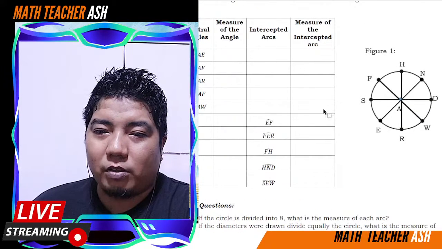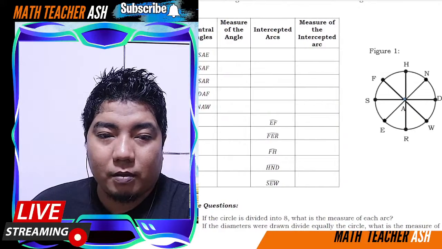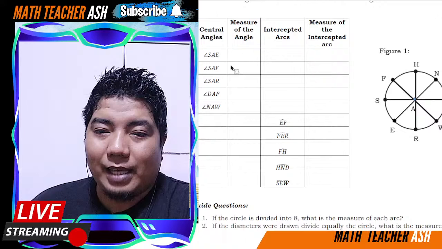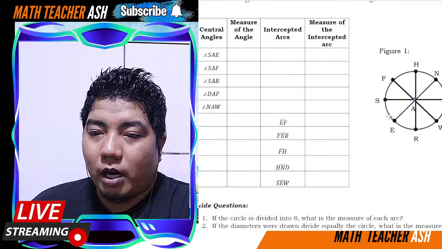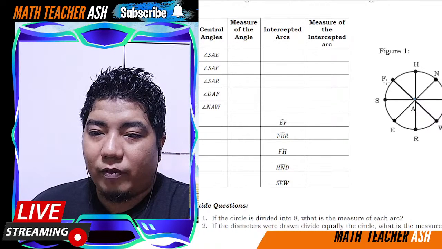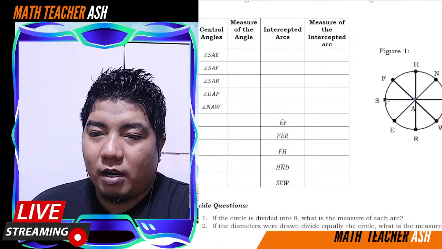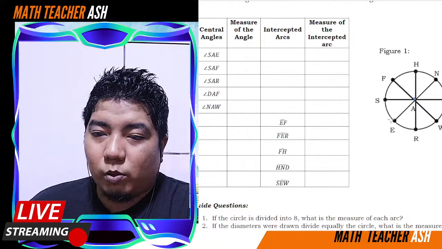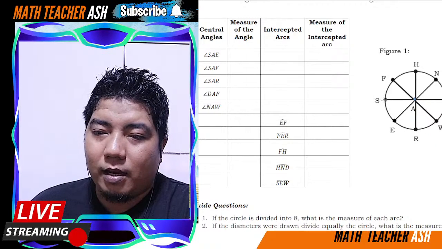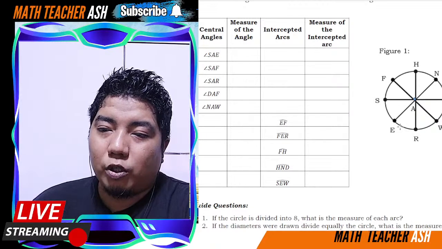Okay, so dito tayo. So, for the SAE, our minor arc is this one. For SAF, our minor arc is this one, SF. For SAR, our minor arc is this one. Okay, so since that is still a minor arc less than the semicircle, you can use 2 letters pa rin.